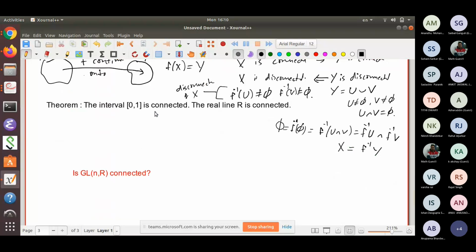So often people express this by saying that the continuous image of a connected set is connected. Now, all these definitions are no good unless there are interesting examples, which is why I am trying to give you examples for every concept that we develop.